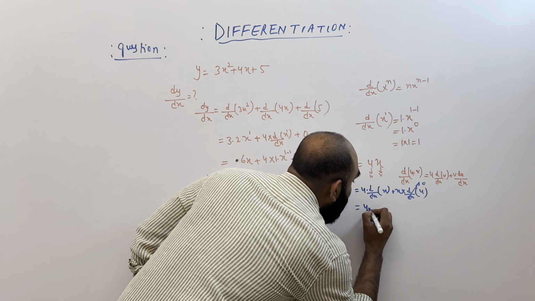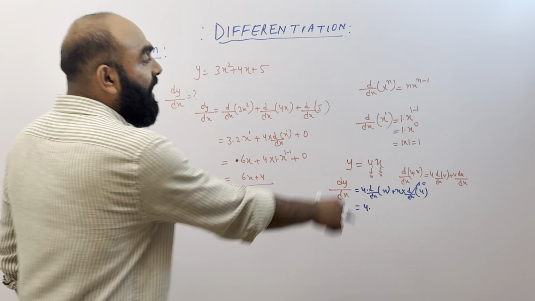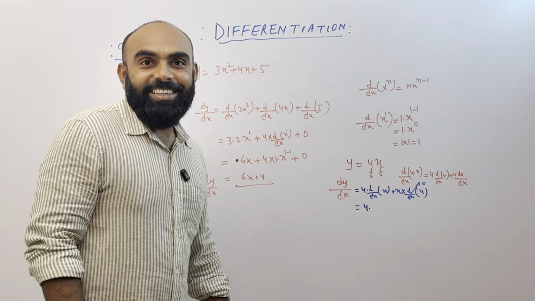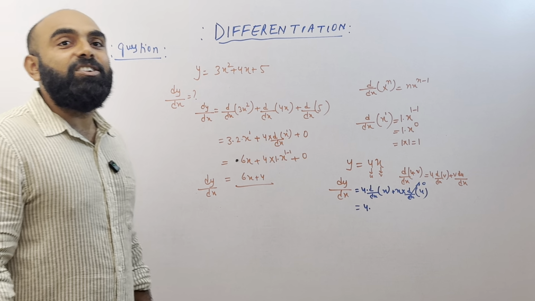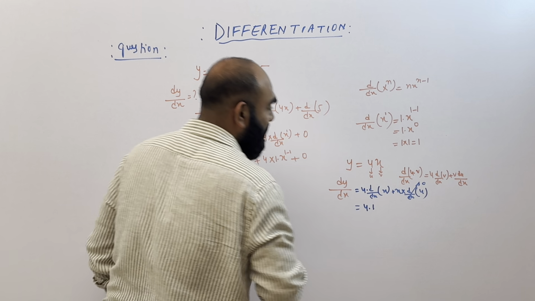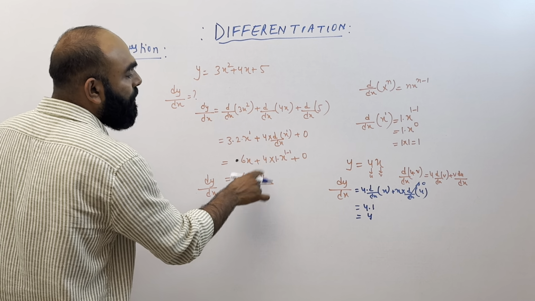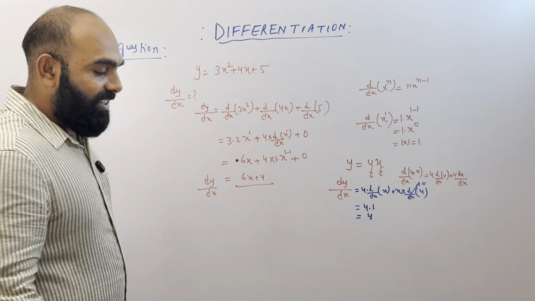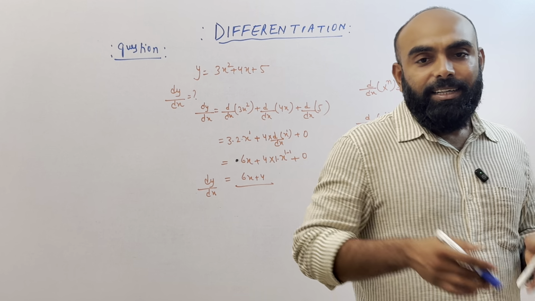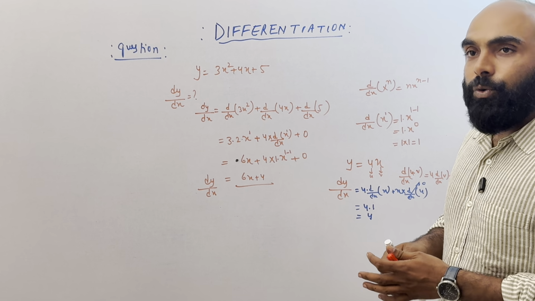And d by dx of x, x means x to the power 1, so that value is 1 only. So 4x differentiation is 4 only. So it is better that you take the constant term outside and then differentiate the given function rather than going for the UV method.